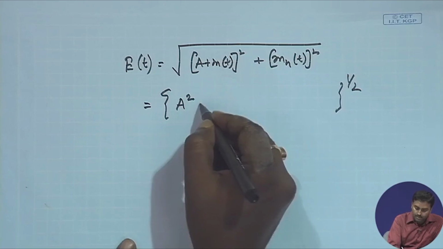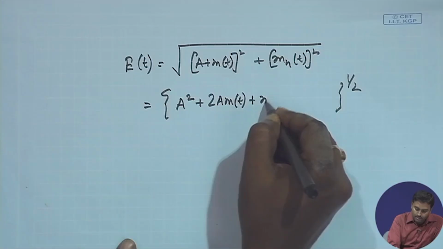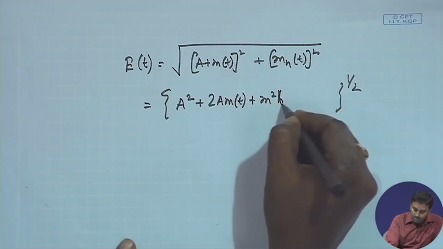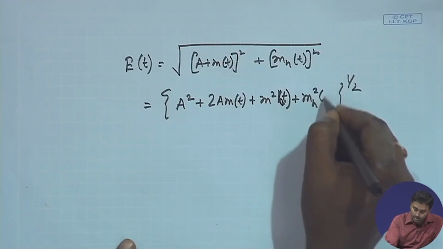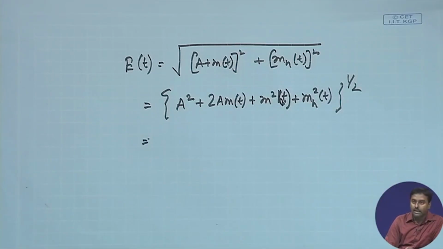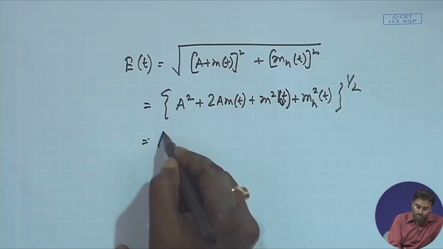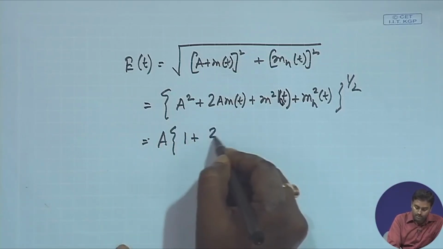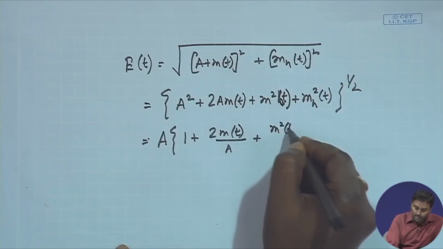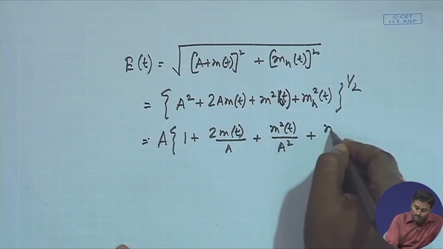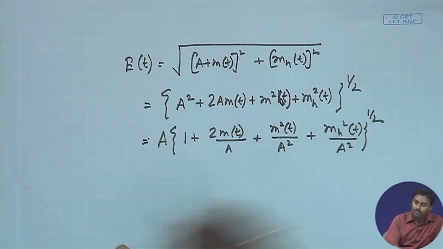I take A square out, because there is a square root, so it should be A times (1 plus 2 m(t) by A plus m square(t) divided by A square plus m_h square(t) divided by A square) to the power half.